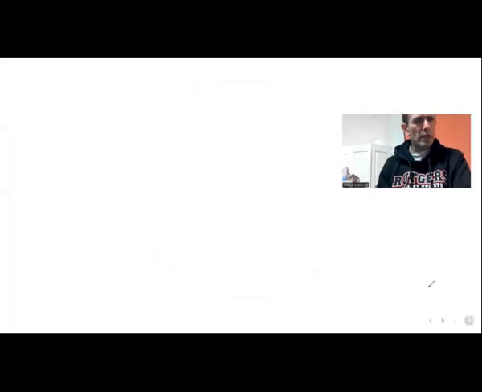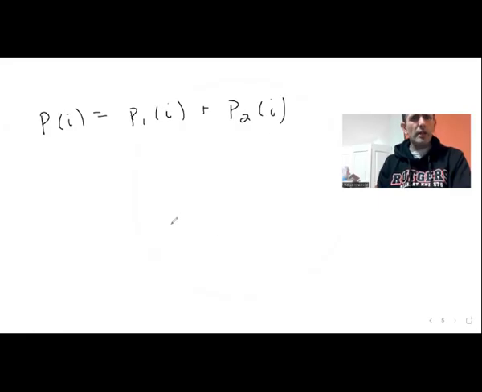Well, let's say P, remember, is P1 plus P2 of I. So let's get MacD corresponding to the sum of these two annuity prices.